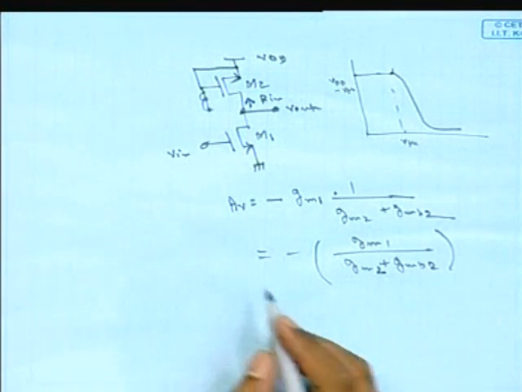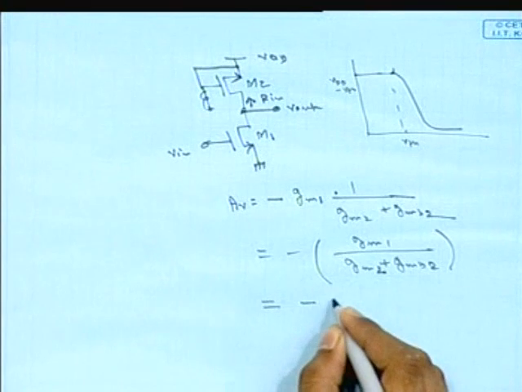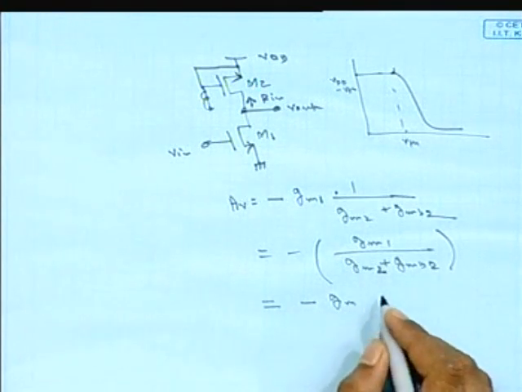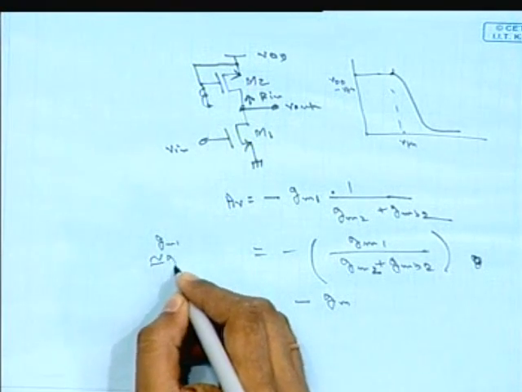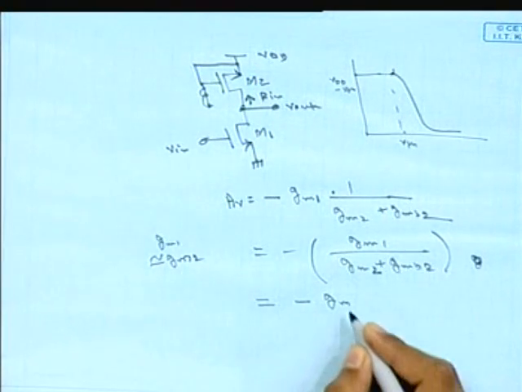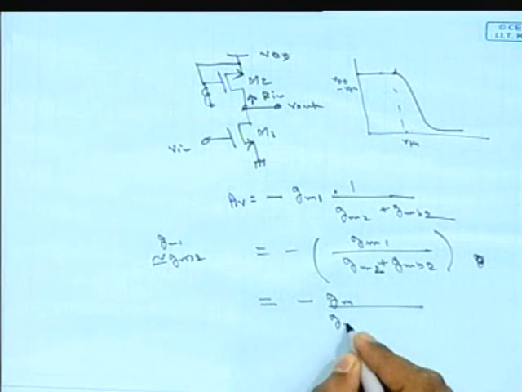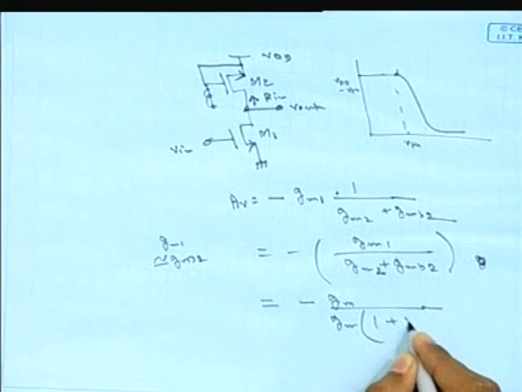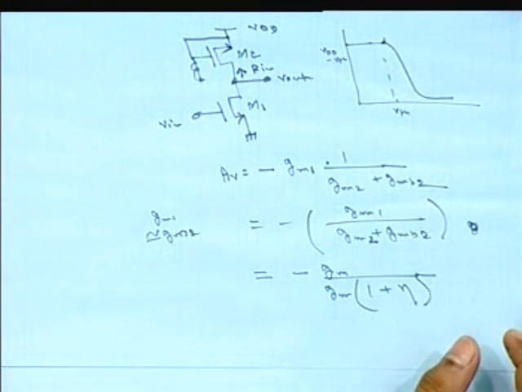Here we see that if these two NMOS devices have the same width and length, that is W by L, we can easily see that Gm1 and Gm2 are approximately equal. Okay, so we can take Gm2 common from the lower side, and this is the eta term. I have already said that Gmb is nothing but eta into Gm.